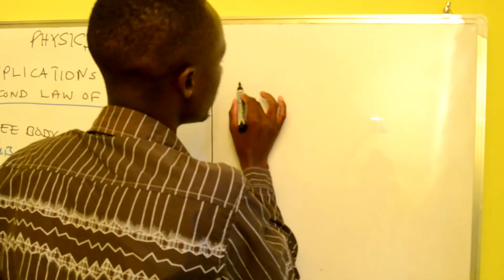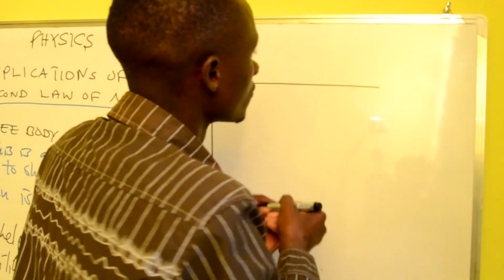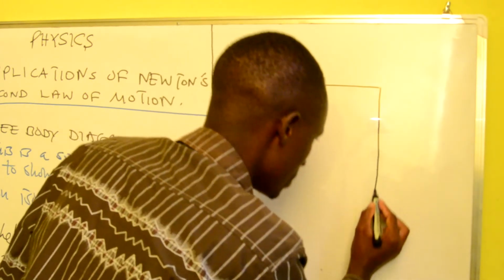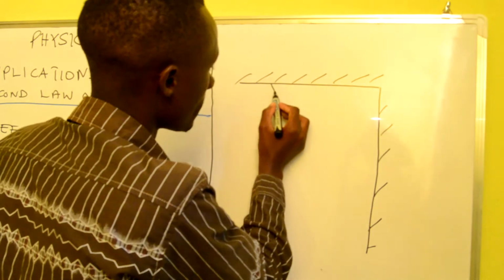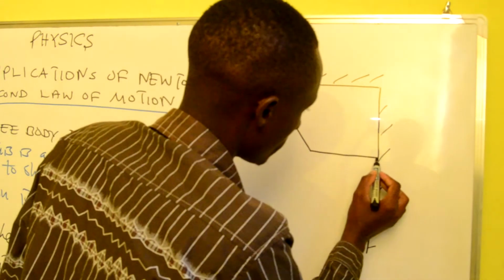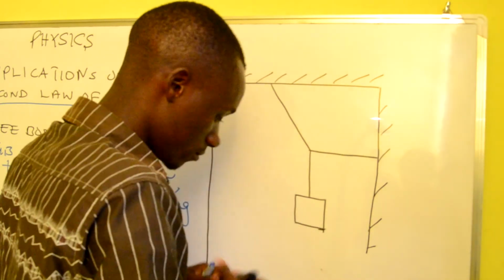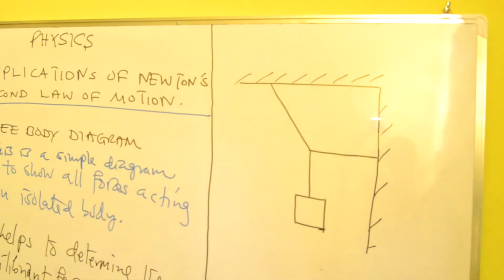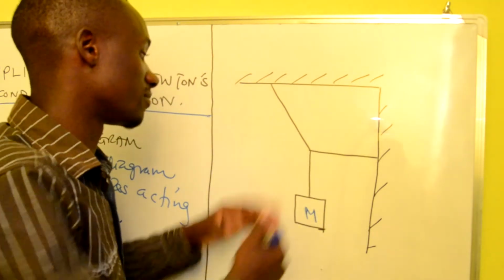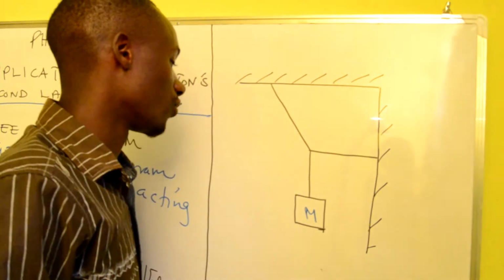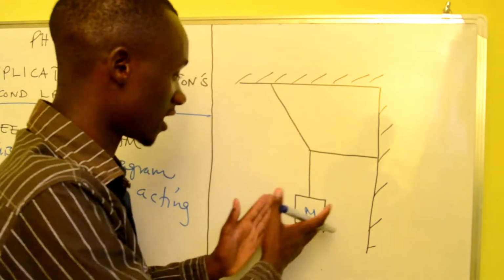Okay, consider this diagram. If this is the body of mass M, tied by the aid of strings with tensions, we can use the free body diagram to show all forces acting on this mass.